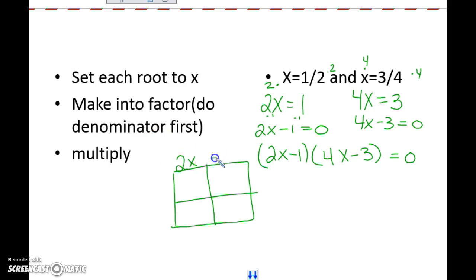Okay. So we're going to multiply these together to get it in standard form. Combine like terms.